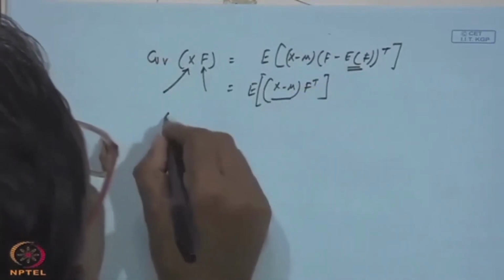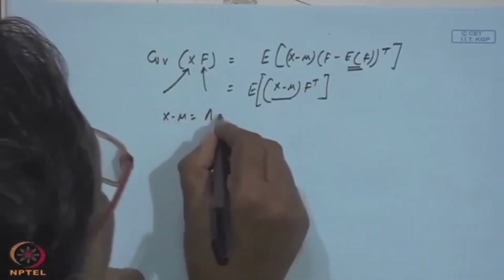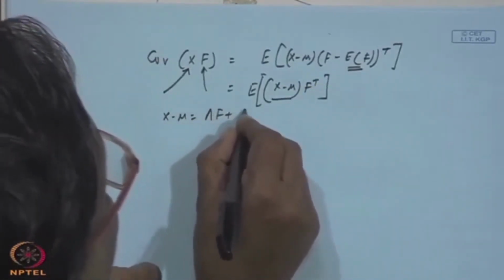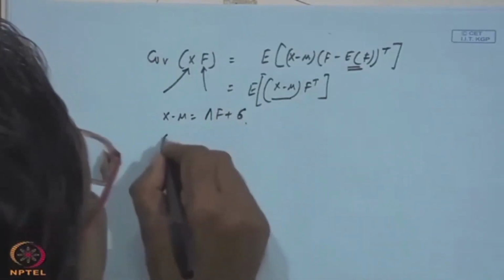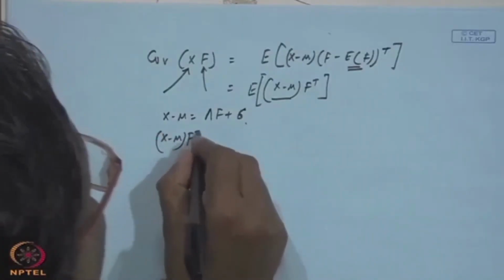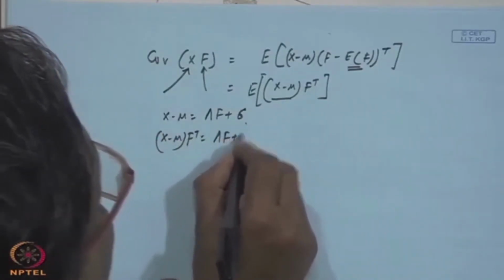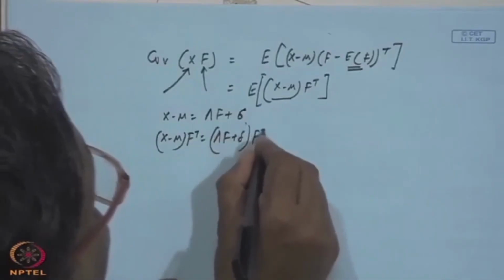Now, what is x minus mu? X minus mu is lambda f plus delta. So, then x minus mu f transpose is lambda F F transpose plus delta F transpose.